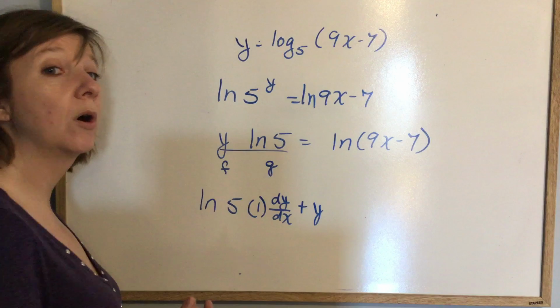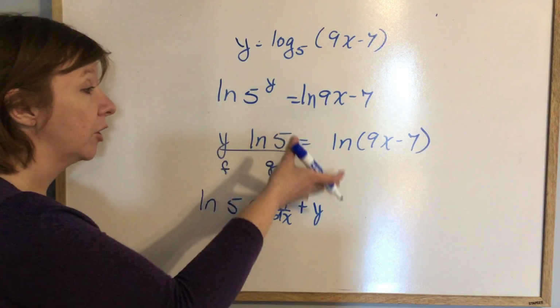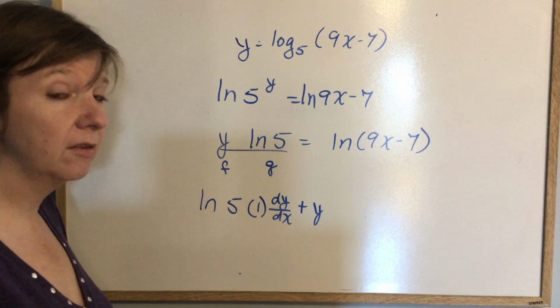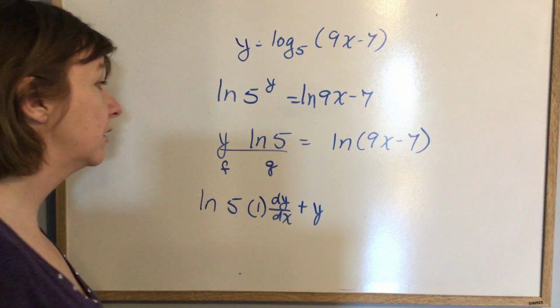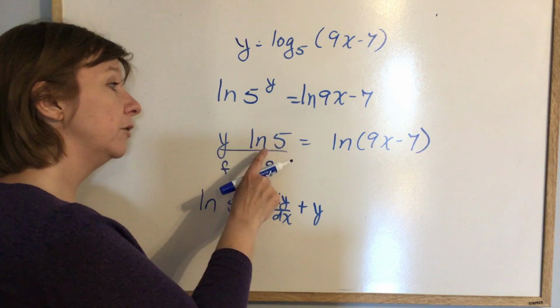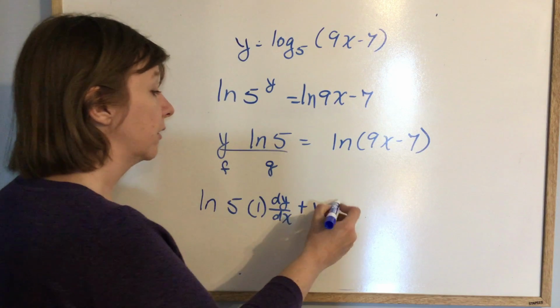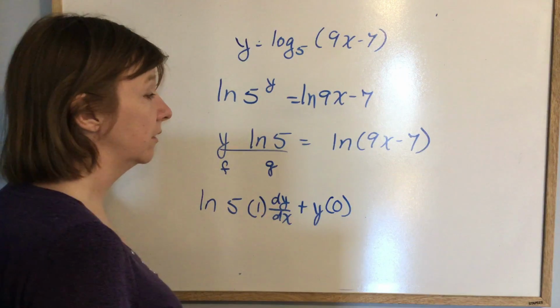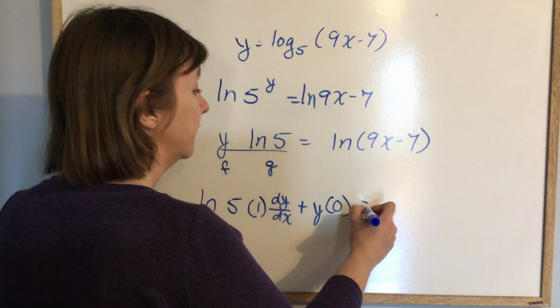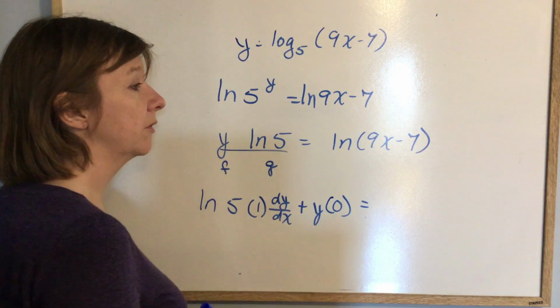Now I've said before, if you have ln of a constant, because it's a constant, and the derivative of a constant is 0, then the derivative of ln of a constant is automatically 0. And that's equal to ln of 9x minus 7.